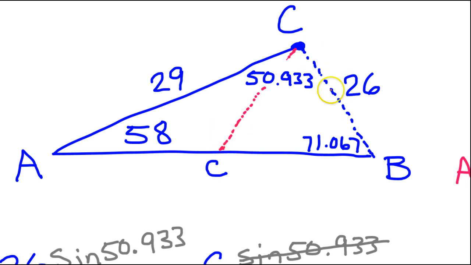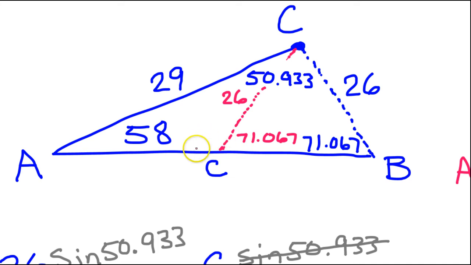But because we are swinging the same rope from here to here, then they have the same length. So this is 26, but this red version of it is also 26. That sets up isosceles triangles. So if these sides are equal, then the base angles are going to be equal as well. So this acute angle B is going to be the same as this angle right here, 71.067 in both places.